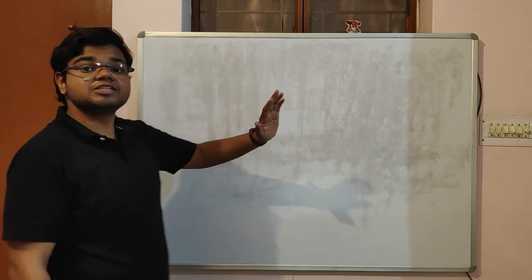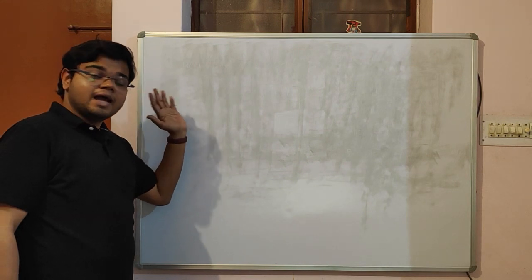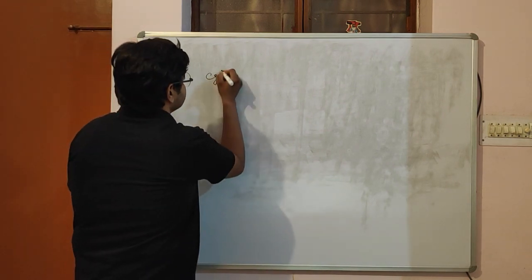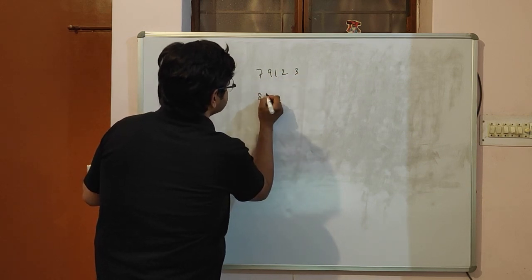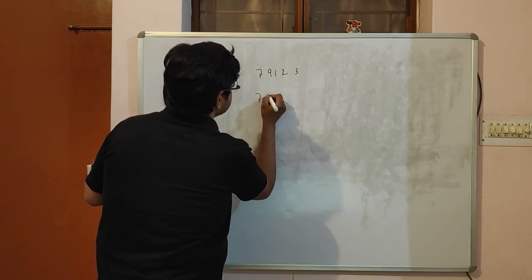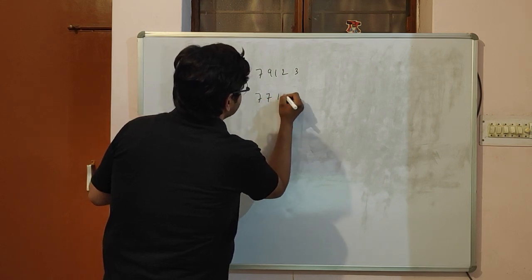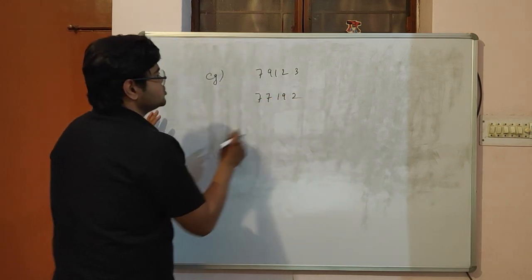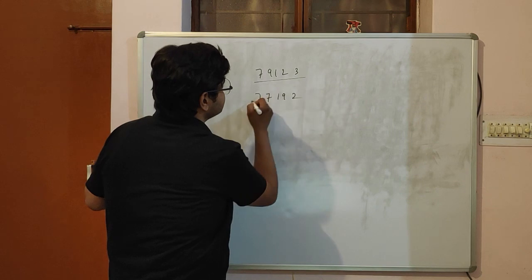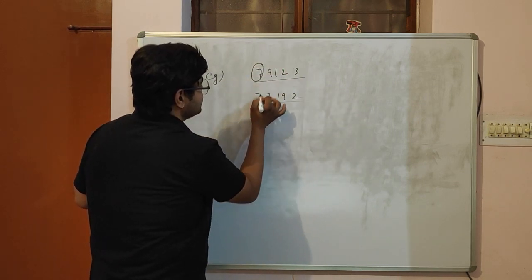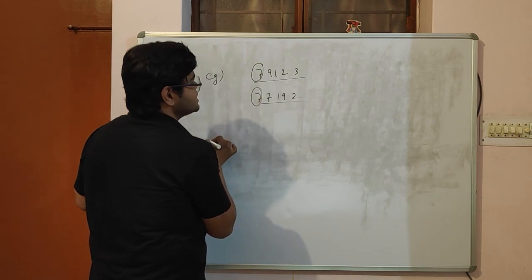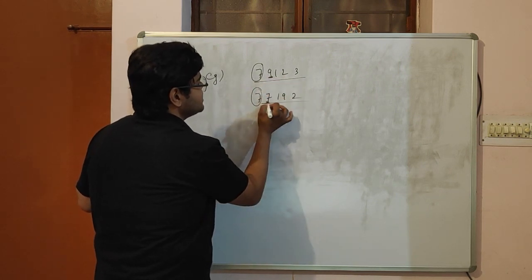So we will look at the extreme left of the number. Suppose, one more example, 79123 and 77192. In these two numbers, the very left digit is 7 in both, and then here we have 9 and here we have 7.